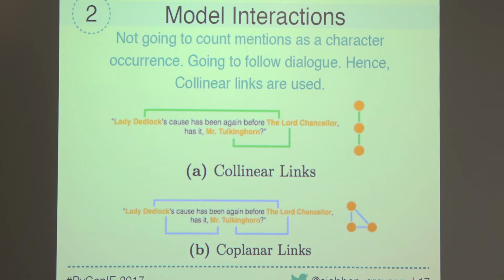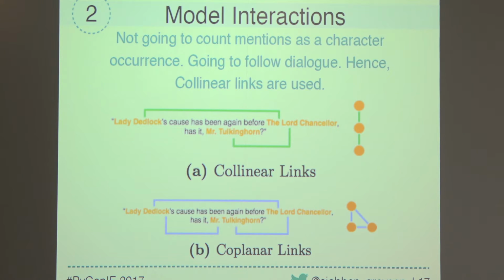And so, what am I going to count as an interaction between these characters? In this case, I decided that I'm not going to count when other characters mention somebody else if they're not in the scene. I've given 2 examples here, not related to Star Wars, unfortunately, I'm sorry. These are from Bleak House by Dickens.